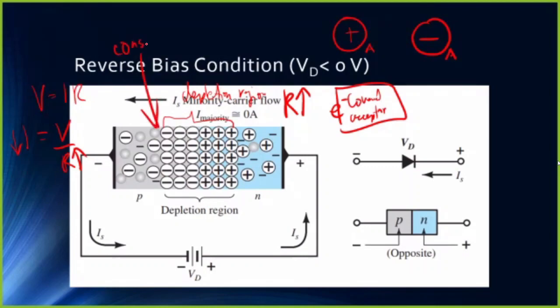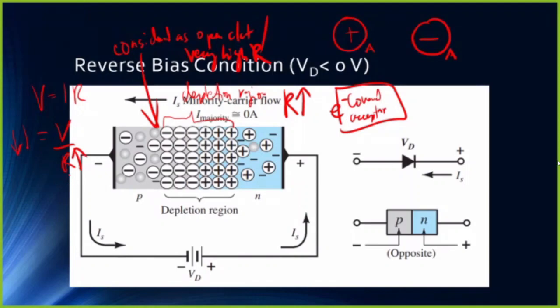Dahil very high ang resistance kapag naka-reverse bias. So kapag sobrang high ng ating resistance, sobrang low naman ng ating kuryente. So the question is, may dumadaloy bang kuryente sa diode kapag ito ay naka-reverse bias?